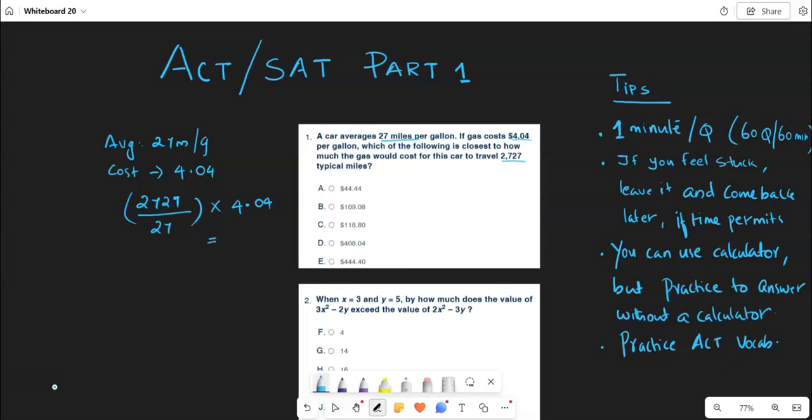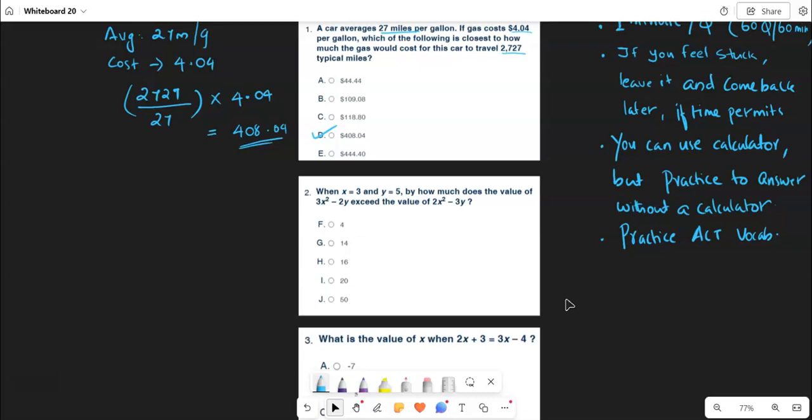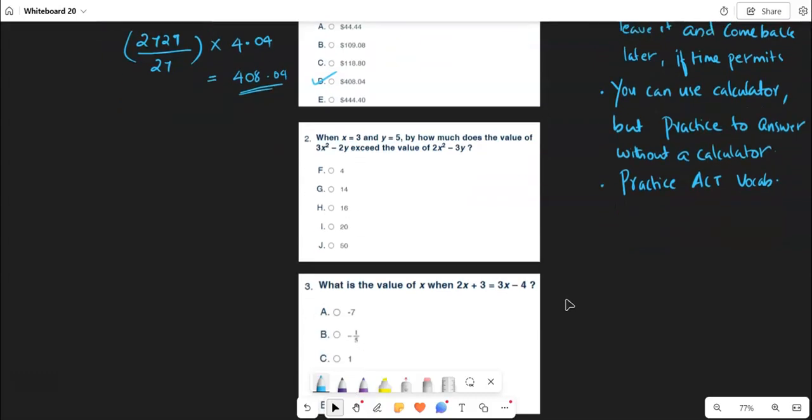The answer is approximately $408.04. So option D is the right answer. If you have any question on the explanations, please let me know in the comments. I can get back to you as soon as possible.